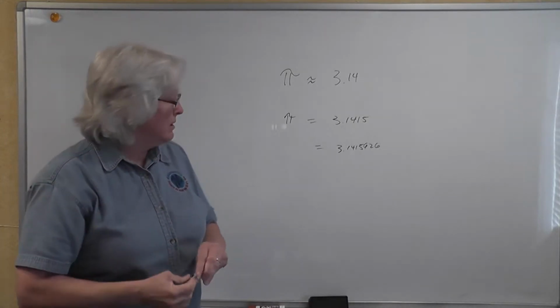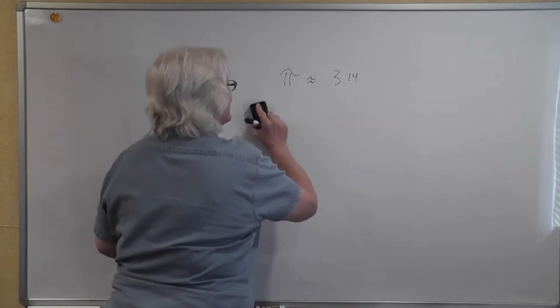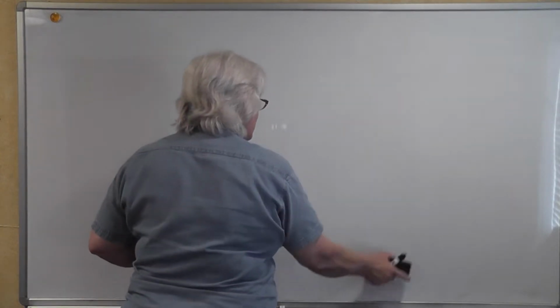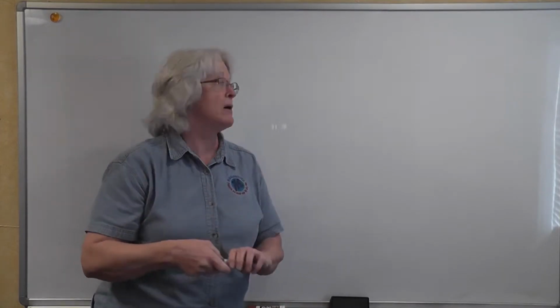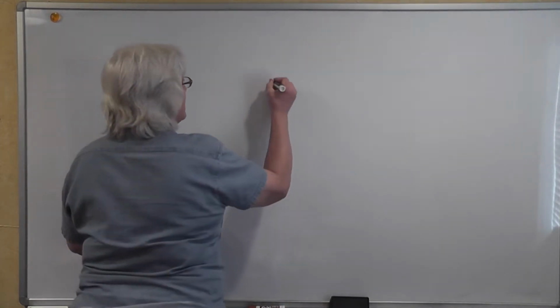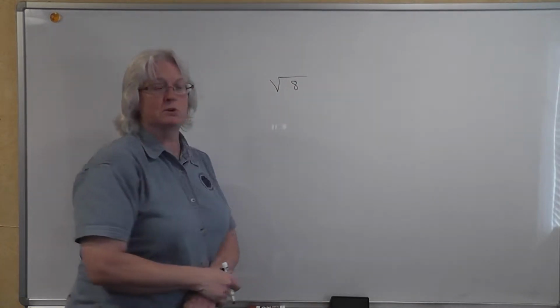So what you need to know is that all of the square roots that are not perfect squares are irrational. So it's not possible to come up with an exact answer for the square root of 8.